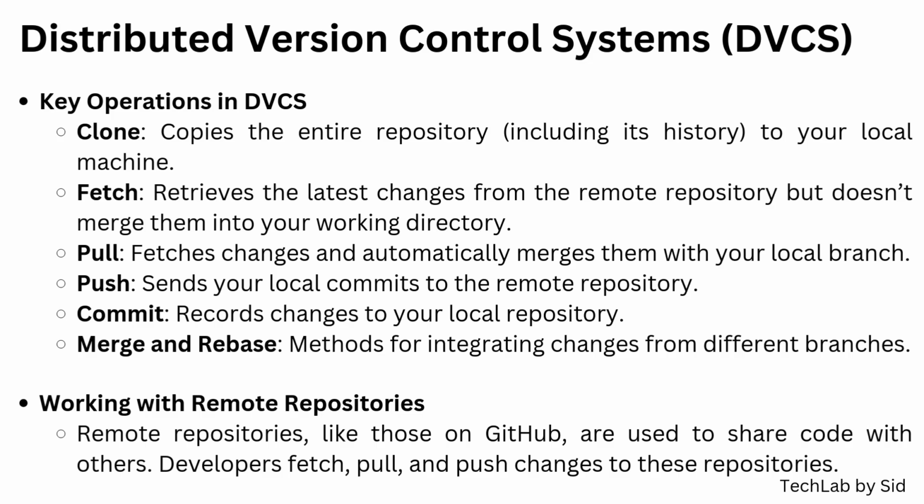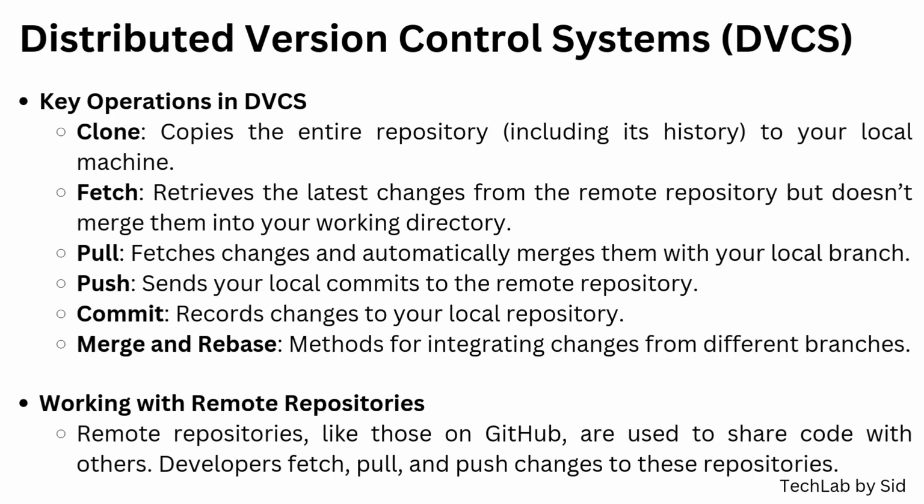Fetches changes from the remote repository and automatically merges them into your local branch. Push. Sends your local commits to the remote repository. Commit. Records changes in your local repository. Merge and rebase. Techniques for integrating changes from different branches into a unified version.